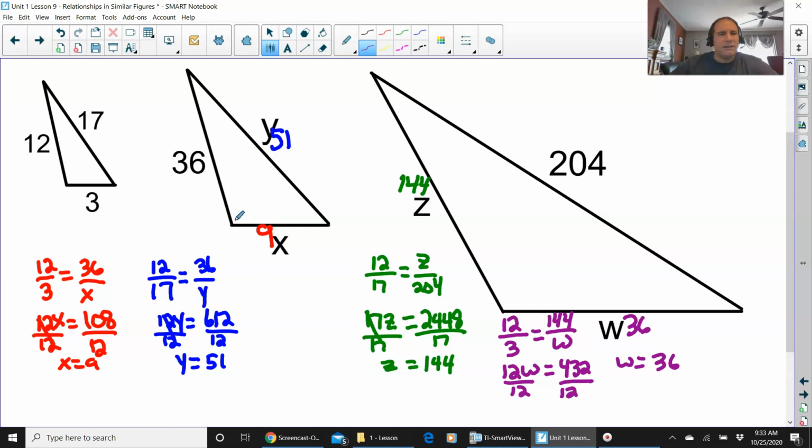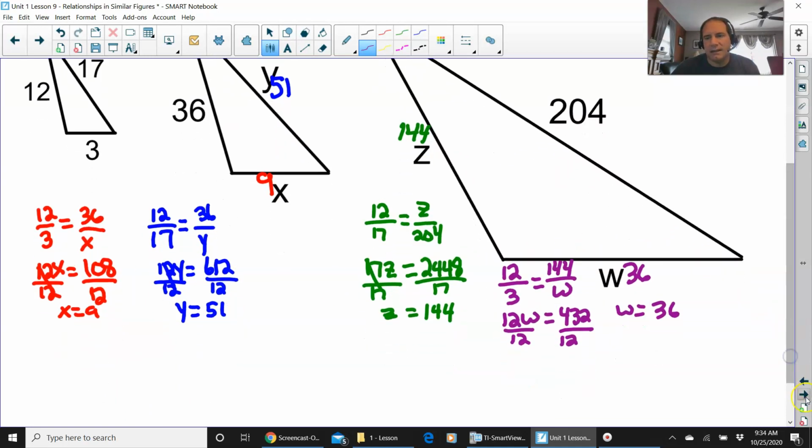It basically times 3 would make you go to this one. Like 12 times 3 would be 36. 3 times 3 would be 9, and then 9 times 4 would make you go to 36. 36 times 4 would be 144, and 51 times 4 would be 204. So you could do it by multiplying multiples, and you could do it the way that I have on the screen, and that is it.